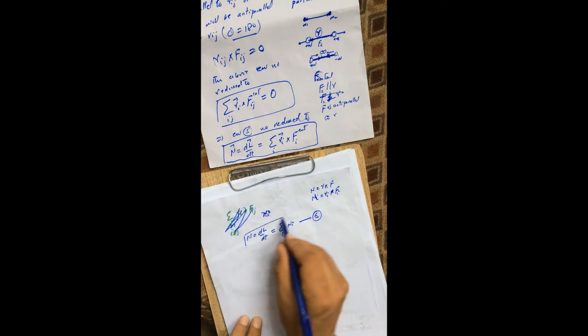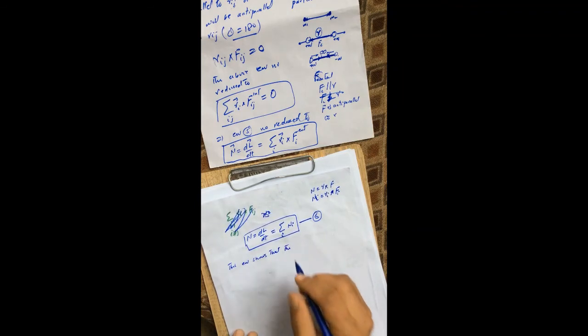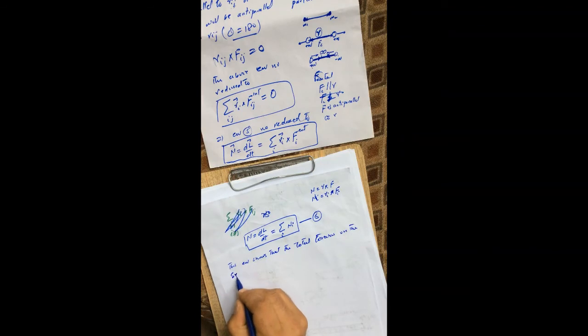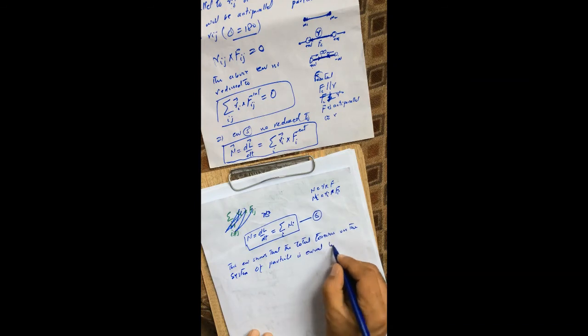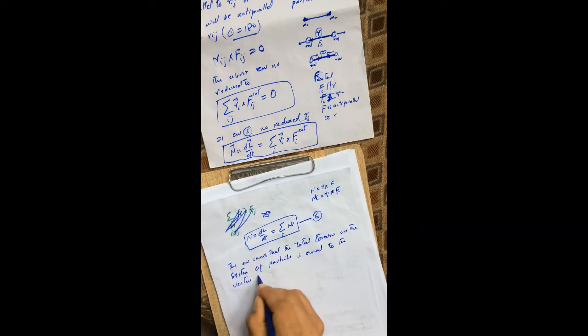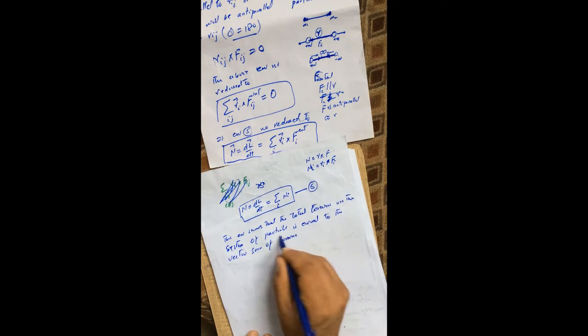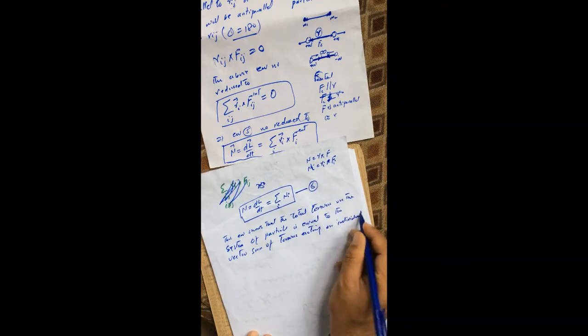Now this equation shows that the total torque on the system of particles is equal to the vector sum of torques acting on individual particles.